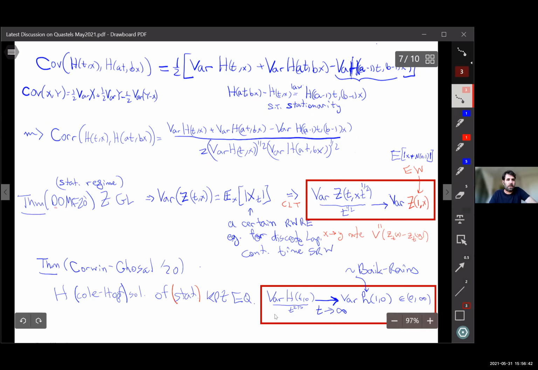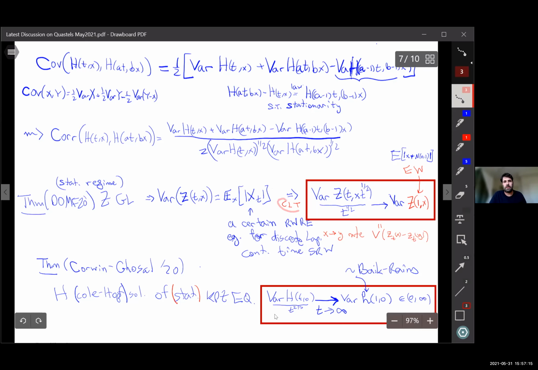And this is nice because if you know how the variance will scale, then you know how to take the limit. So with Dominique and Gregorio, we computed the variances for the Ginzburg-Landau model. The scaling limit was known, but we found this nice presentation of the variance in terms of the modulus of a Brownian motion or a simple random walk, or more generally for Ginzburg-Landau, a certain random walk in dynamic random environment.